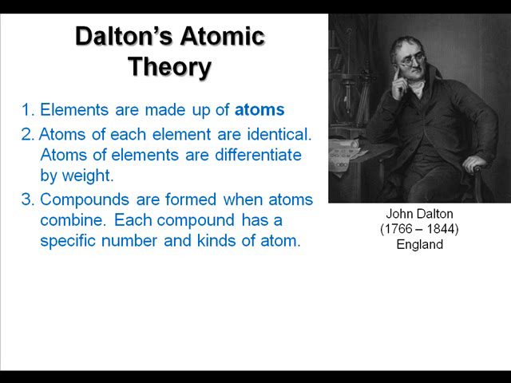But what's interesting is he said that each compound, in this case water, always had a specific number and kinds of atoms. And he was able to show that, in fact, water was 2 hydrogen atoms and 1 oxygen atom, and that all water had this combination. There were always 2 hydrogens and 1 oxygen, and you could not have any other ratio of those atoms. And if you did, it no longer was that same substance. You would no longer have water.